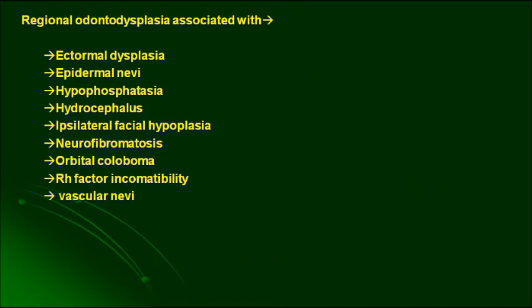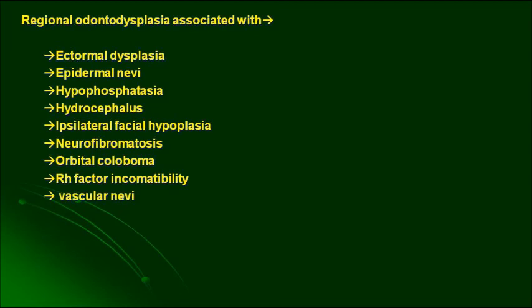Now yet another important MCQ is which are the conditions associated with regional odontodysplasia. The associated features are ectodermal dysplasia, epidermal nevi, hypophosphatasia, hydrocephalus, ipsilateral facial hypoplasia, neurofibromatosis, orbital coloboma, RH factor incompatibility as well as vascular nevi.